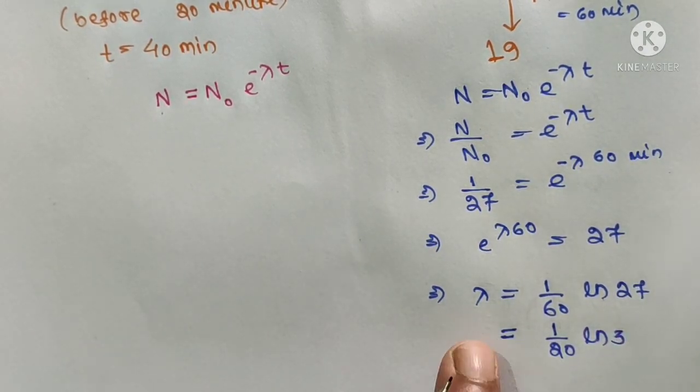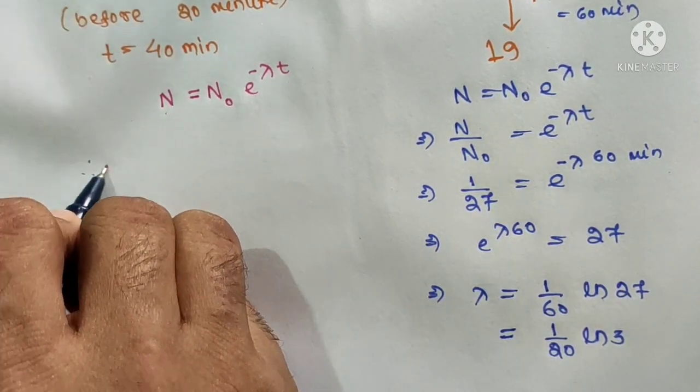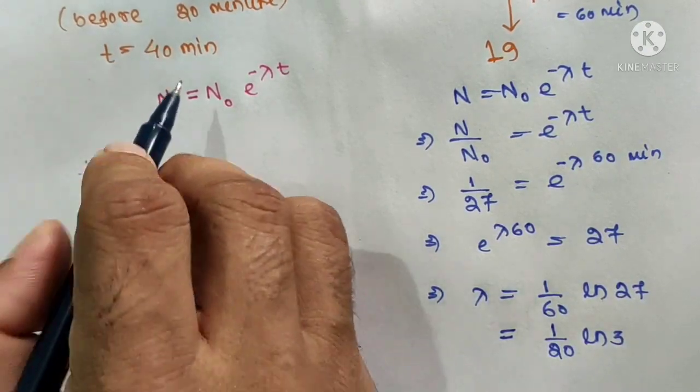So now use this lambda here. N, the amount of substance present after 40 minutes.